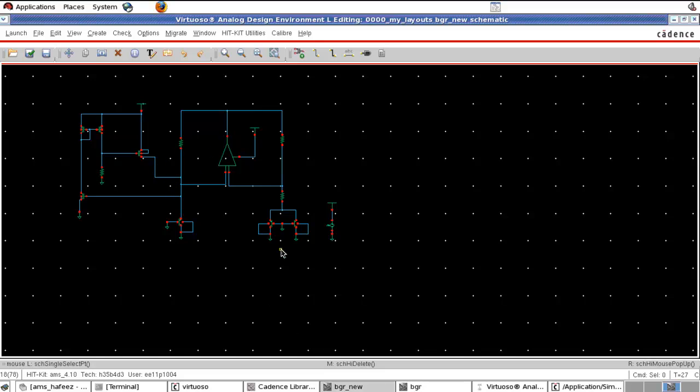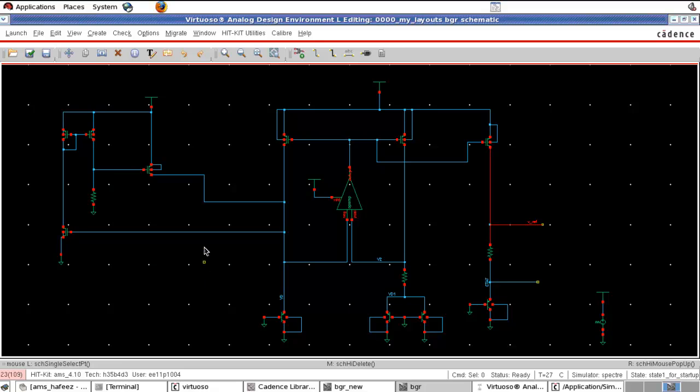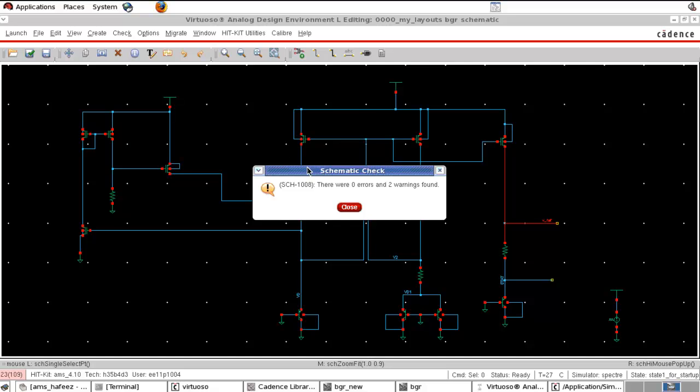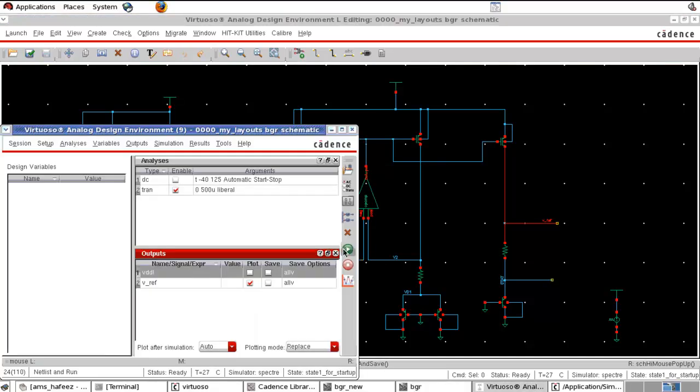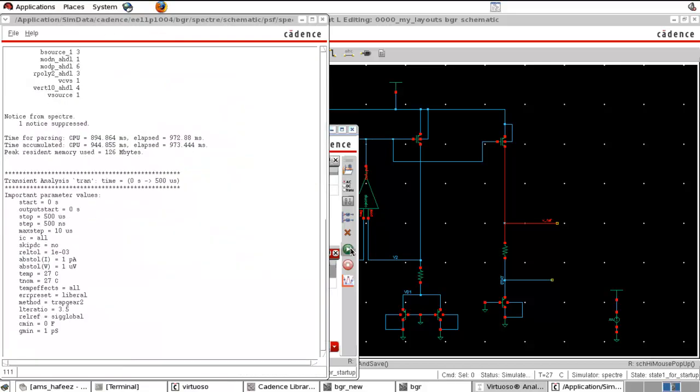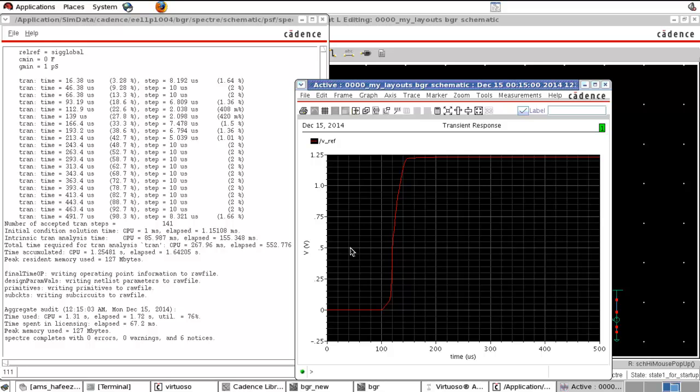This is exactly what we did here, and for the new topology also we can do the same. So this is the same startup circuit that we did earlier. Let us run the simulation again. Anyway, it will work without the startup also. Now also we got the reference voltage near 1.2 volt.